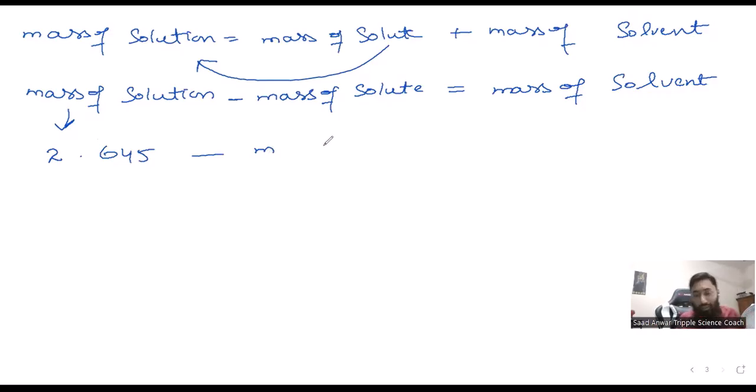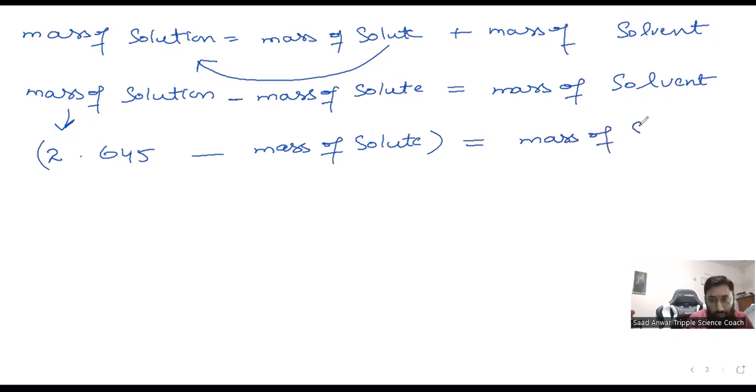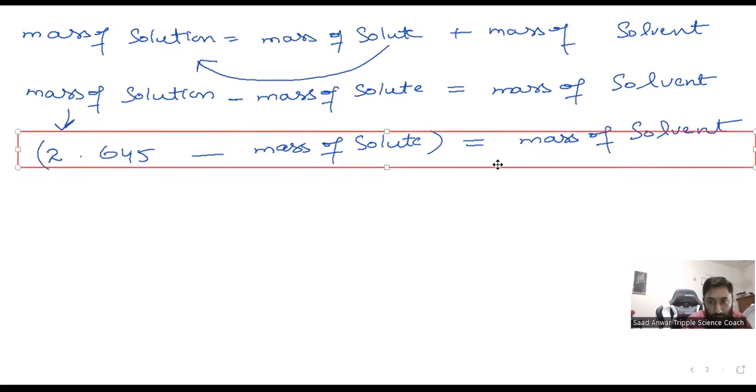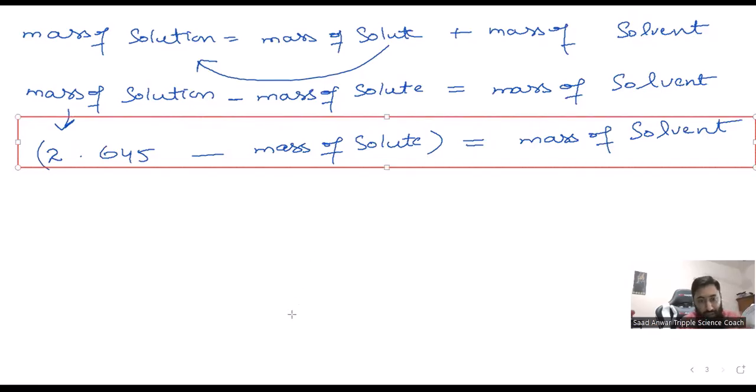So I would put mass of solute as such, and this is mass of solvent. Although this seems quite strange because I do not have mass of solute, I would use this as the mass of solvent.